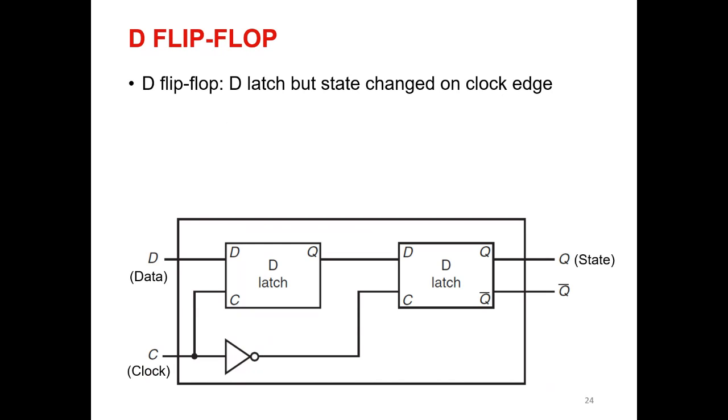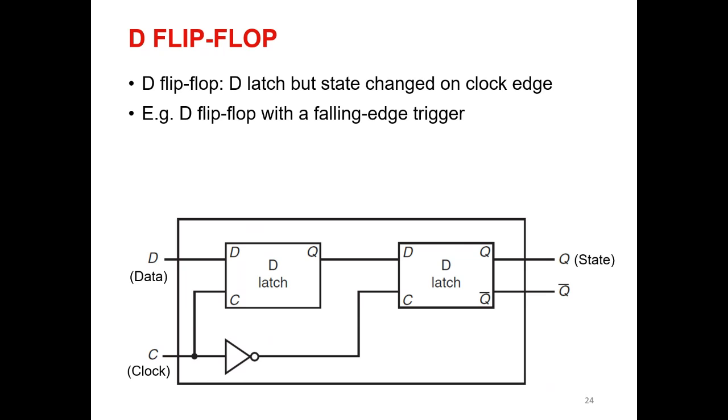So this is a D latch, which is used for storing elements. Now for a flip-flop, we are actually using two D latches. In this case, we are showing a flip-flop with a falling edge trigger, which means that it changes when the clock is at its falling edge.